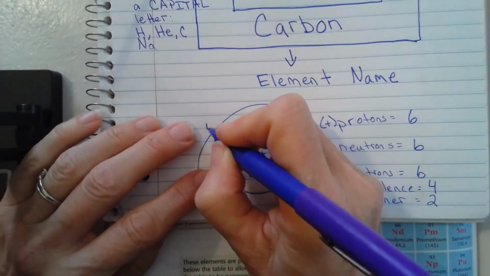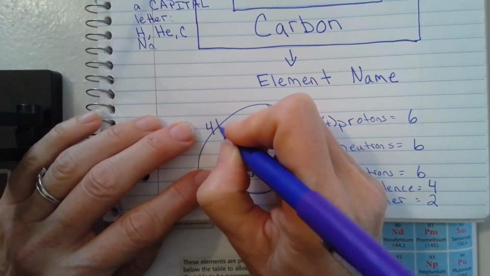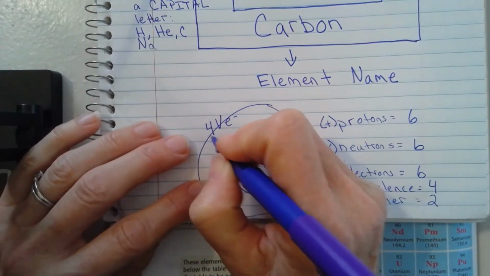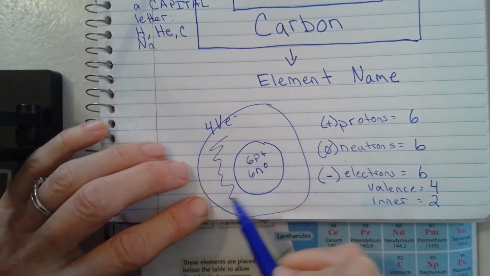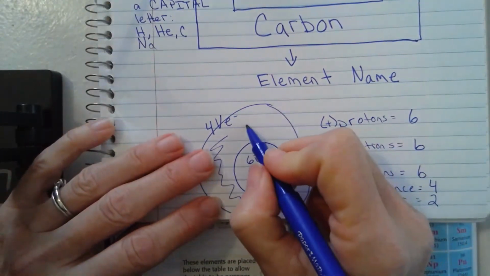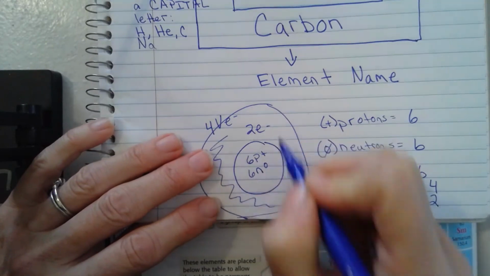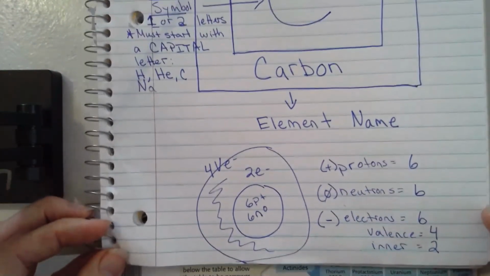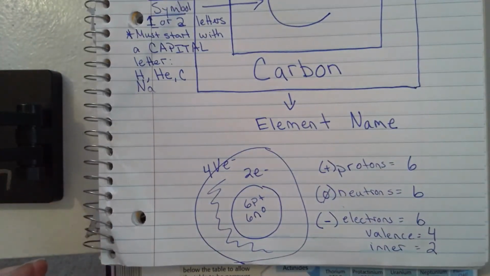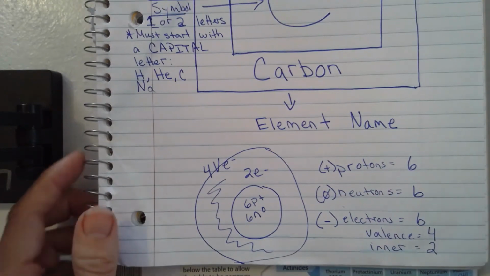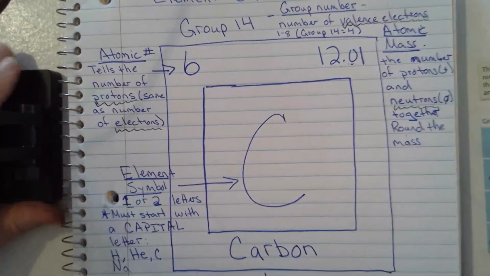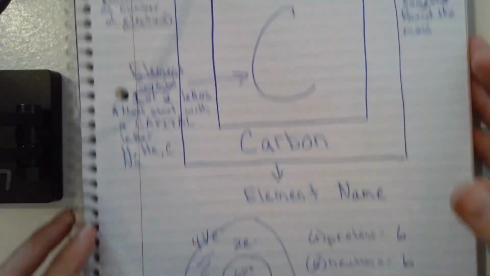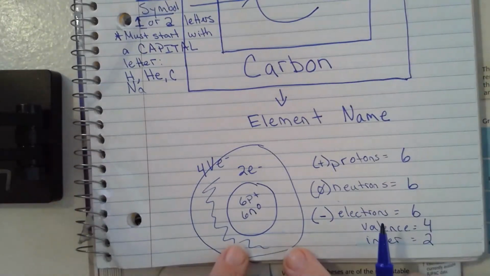I'm just going to do 4 valence electrons out there. And then this part in here, call it my electron cloud, I have 2 electrons there. So that's how you use the information from an element box to create an atomic model.